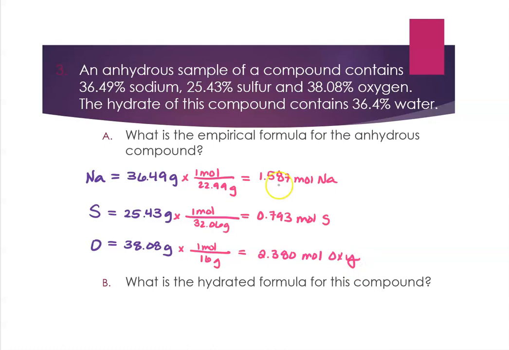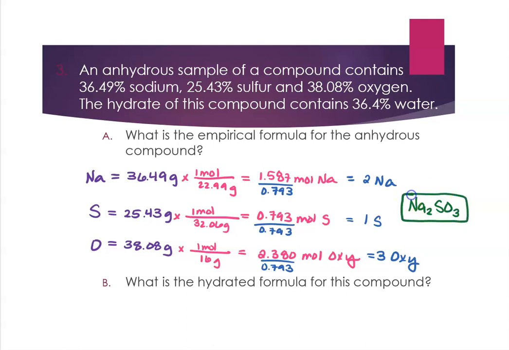Okay, now I divide by small, so the smallest one is 0.793, so I divide everything by 0.793, and for sodium I get 2, for sulfur I get 1, and for oxygen I get 3. So that means that my formula for my anhydrous compound is Na2SO3. Okay, so that gives me the anhydrous compound.